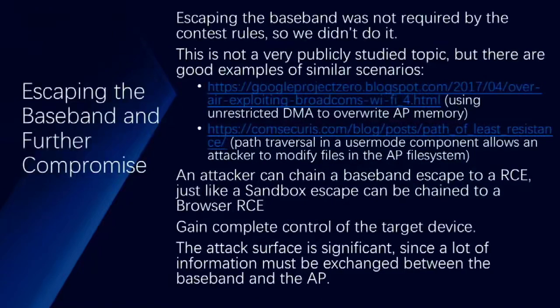But I recommend you check out Gal Beniamini's Project Zero research, where from the Wi-Fi chip, you use DMA to overwrite memory on the application processor, and the Comsecurity blog post, where they use a path traversal in the MTK, reachable from the MTK baseband, in order to modify files on the application processor and escape the baseband. And after this, you can potentially get complete control of the target device. The attack surface in this area is significant, and there is no public research.